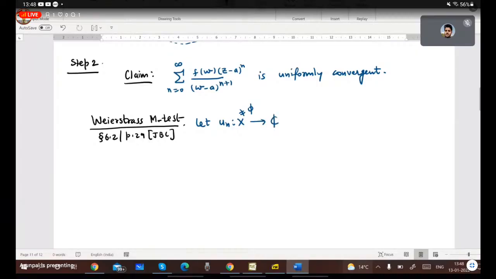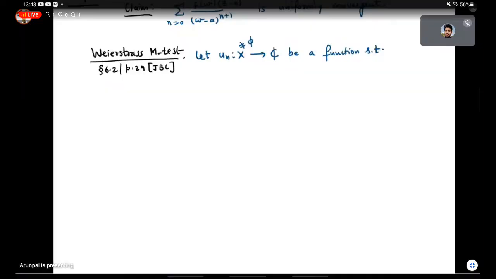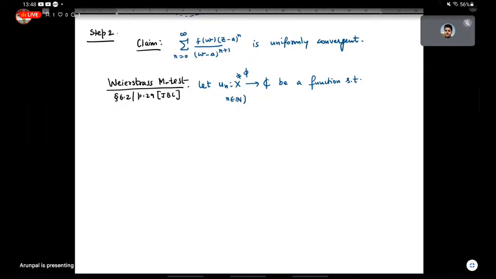So u_n are functions from X into C. Of course class, here these n's are varying, they are in capital N, right? So each one of the u_n, u_1, u_2, is a function such that mod of u_n(x) is less than or equal to M_n for all x in capital X.